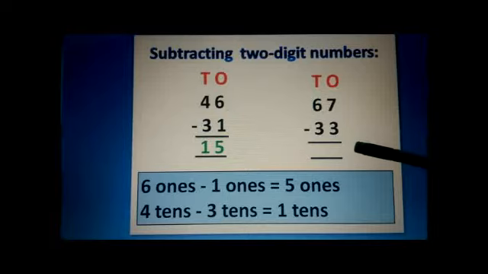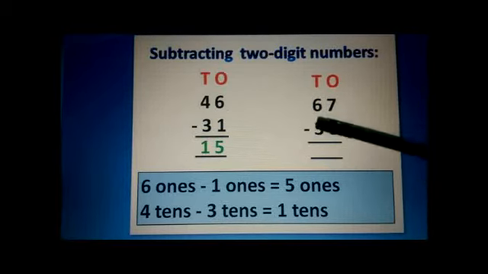And remember that we always start our math from the one side. Now what is the value of ones? 7 minus 3. So what is the answer of 7 minus 3? 4. So we will put 4 in the place of ones value. And then we will move to the tens value.